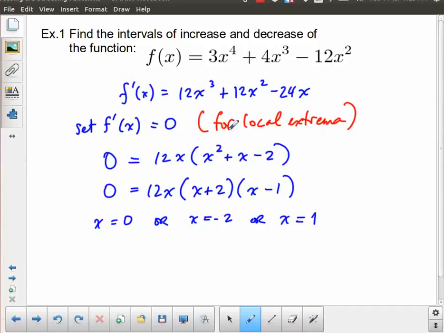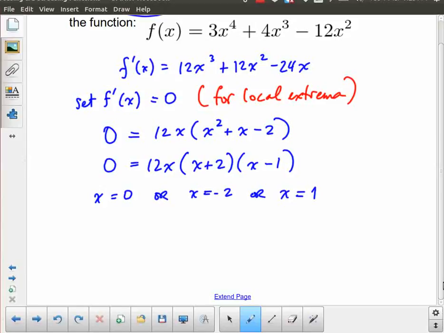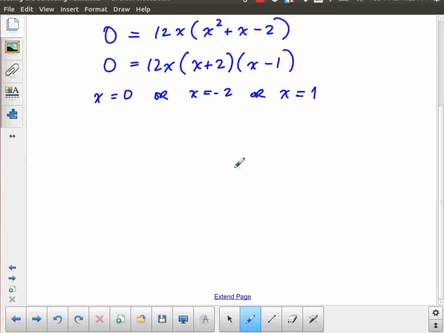Now, I have found out where the local extrema are, but remember, the question is asking me for intervals of increase and decrease, which means I'm interested in when f prime of x is greater than 0 or less than 0. When it comes to testing for greater than 0 or less than 0, an interval table is well suited to something like that. So what I do is I take the values that I found and put them in order, so negative 2 and then 0 and 1.